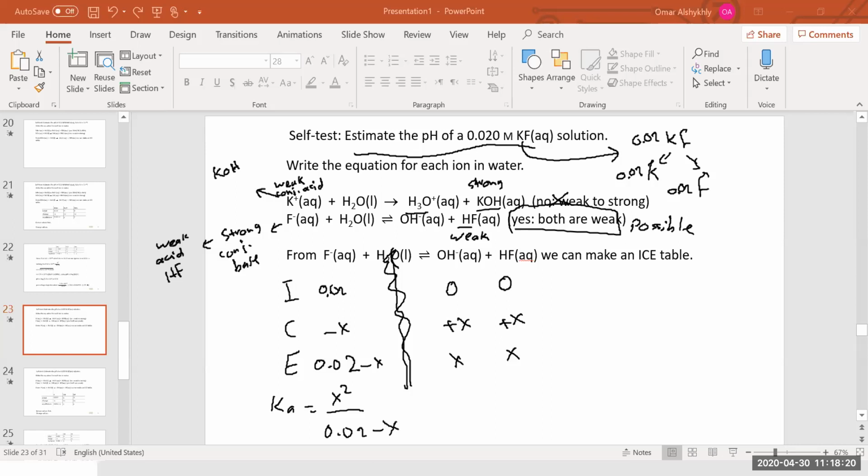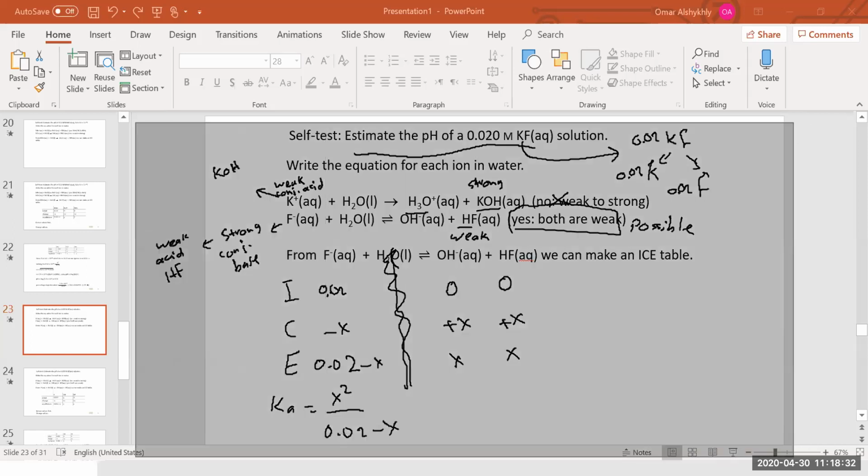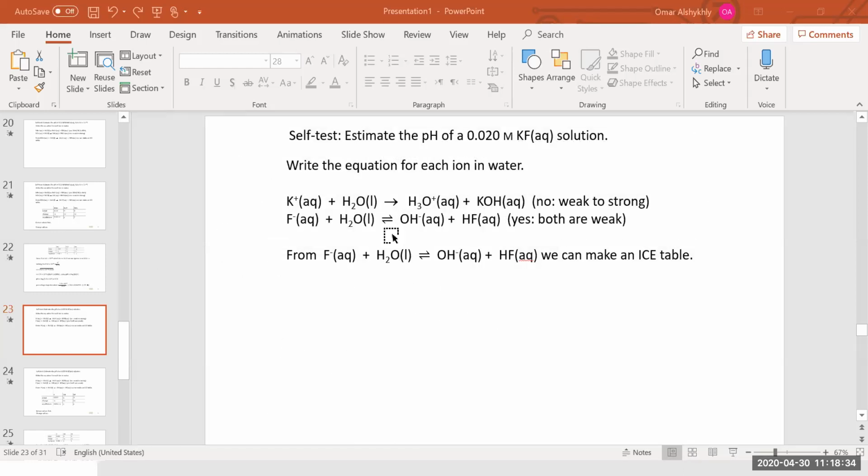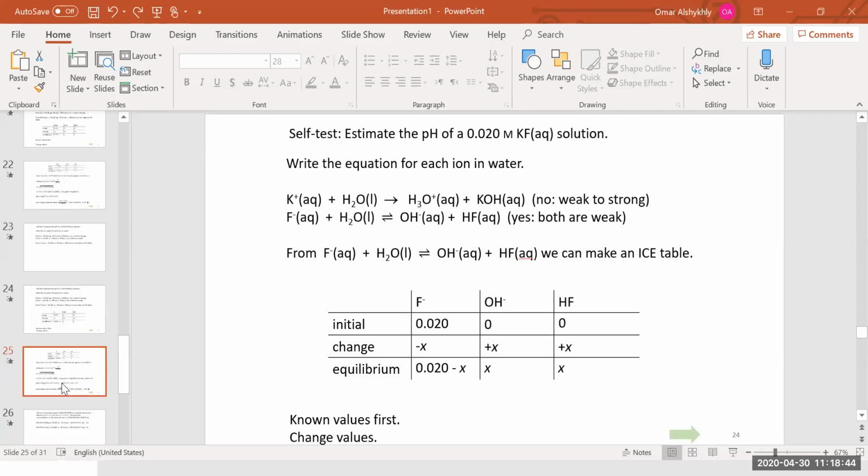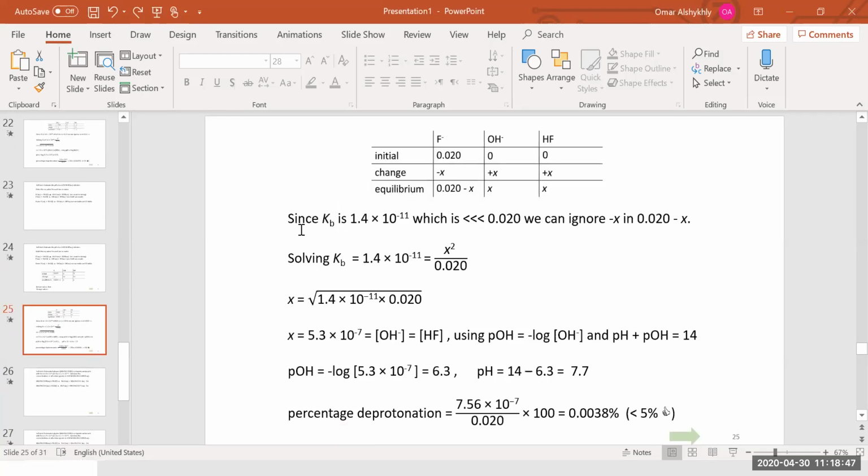And we will look for the approximation, if it's valid or not. We need to compare the initial concentration with the Ka. Here we don't have it. We can show you in the other slides. So this is the K sub B. Don't worry, guys.